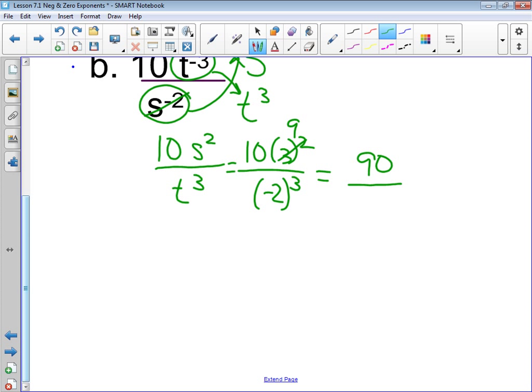Negative 2 to the third power is negative 8. Now you could leave that as an improper fraction, except that it's an improper fraction that can be reduced. Both of these are divisible by 2. So a better answer is 45 over negative 4.